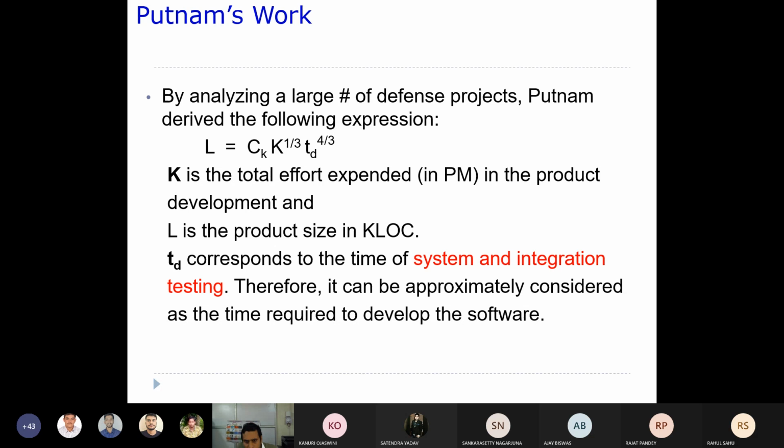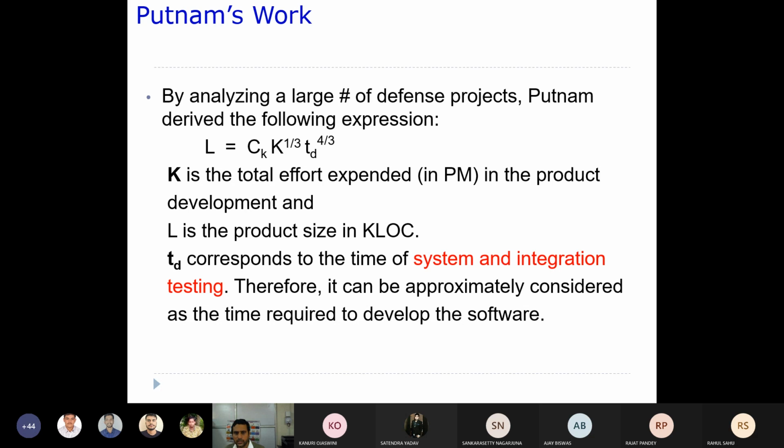By taking these parameters, Putnam derived the expression L = Ck K^(1/3) Td^(4/3). Here there is a constant called Ck, and we'll talk about that in the next slide.